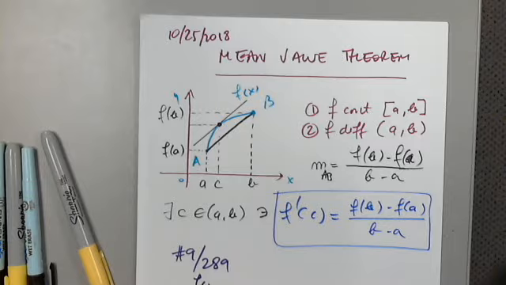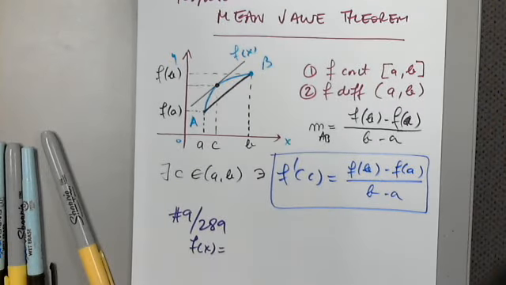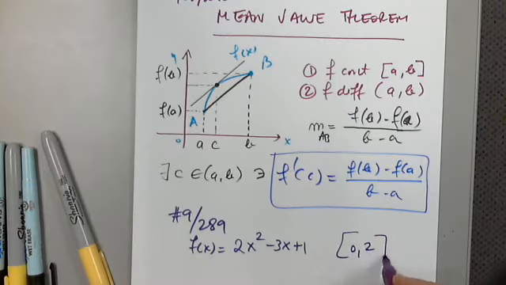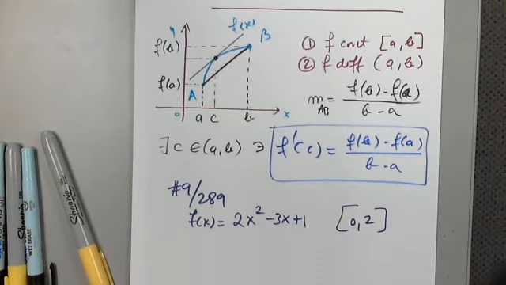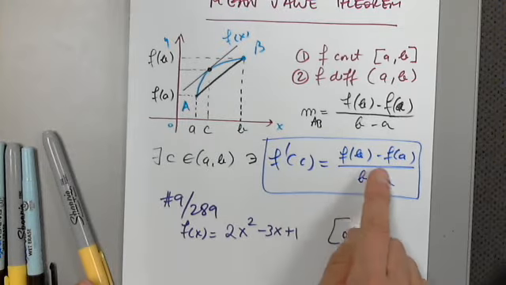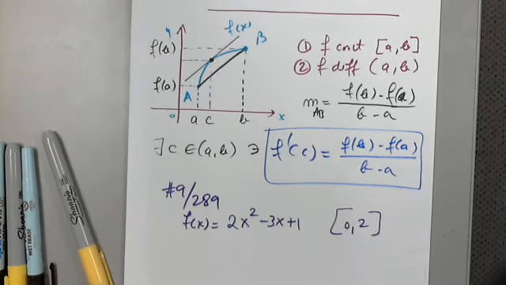So we are given a polynomial function. It's quadratic, 2x squared minus 3x plus 1. And we are given the closed interval [0, 2]. Verify that the function satisfies the hypothesis of the mean value theorem. And then find c, guaranteed by the mean value theorem. Of course, this is our a and this is our b.